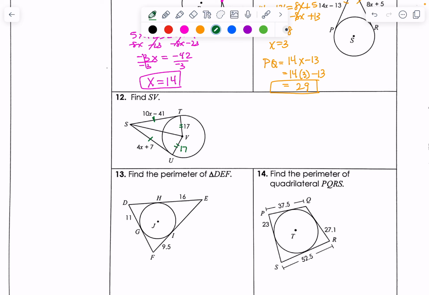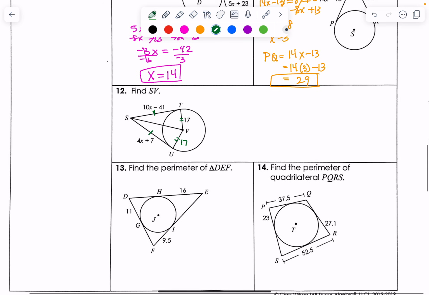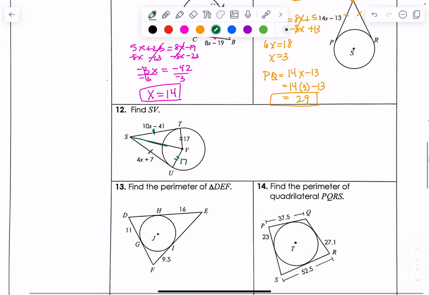So let's see how to figure out what SV is, because what I'm looking for is this center line on this triangle. And I know that these are right triangles, so I'm looking for the hypotenuse. So I'm going to have to figure out what x is so I can find one of the sides of the triangle so I can use the Pythagorean theorem.